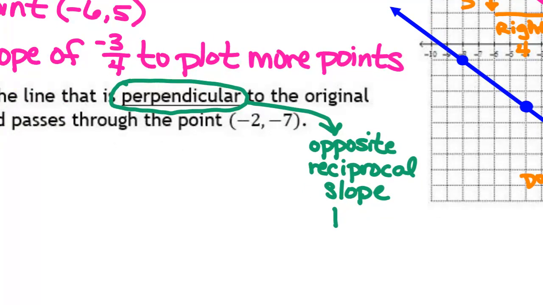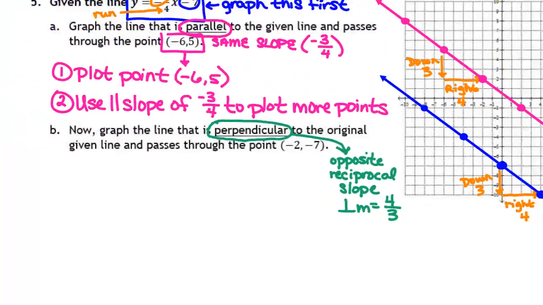So what will my perpendicular slope be then? 4/3. Positive 4/3. Because we were -3/4. So we changed to a positive because we always change our sign, and we flip the fraction over.